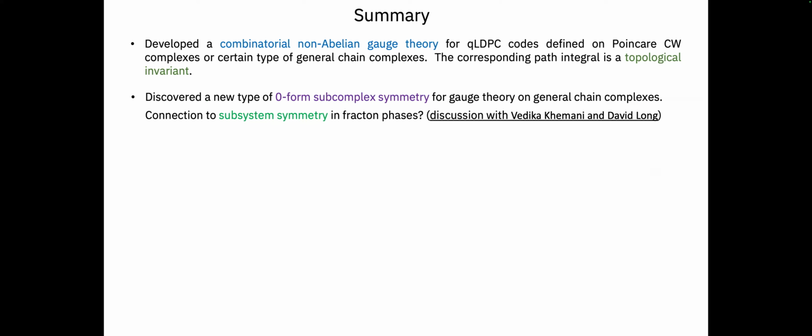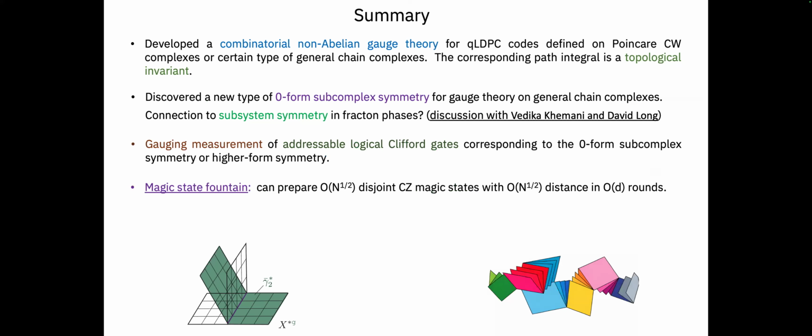So my conjecture is that maybe most subsystem symmetries can be understood as some subcomplex symmetry on some general type of chain complexes. So the gauging measurement of addressable logical Clifford gates on this subcomplex symmetry will give you magic states.